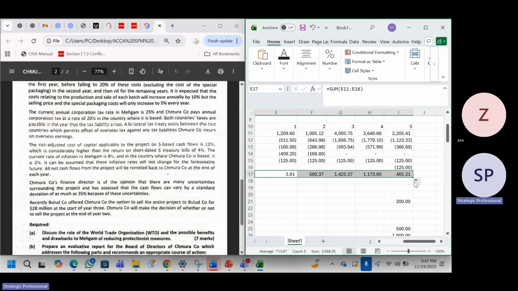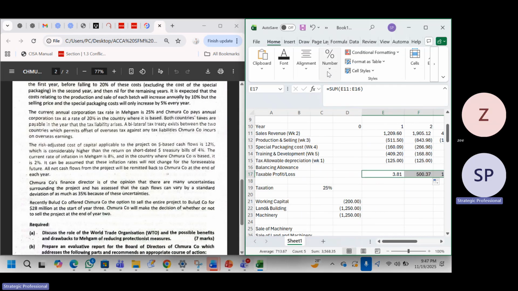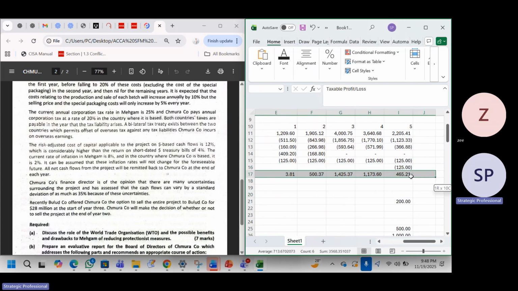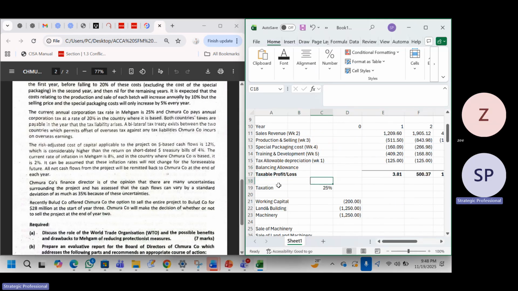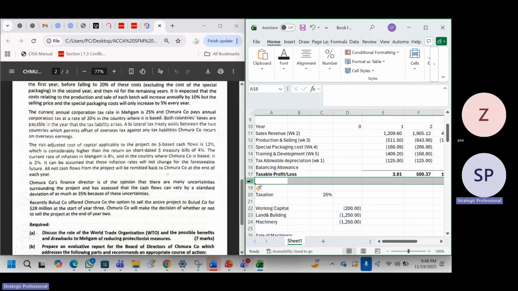Normally I would use this sign on top to indicate it, but in the exam we don't have this opportunity. What you just need to do is bold it, to show that this is your taxable profit or loss.